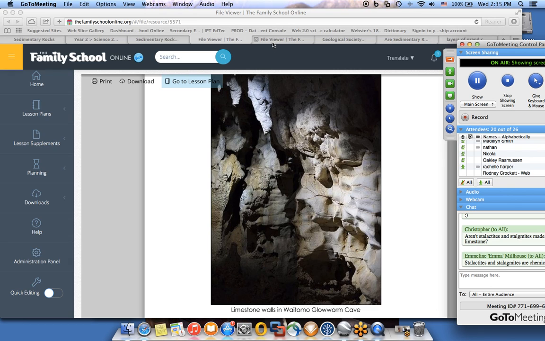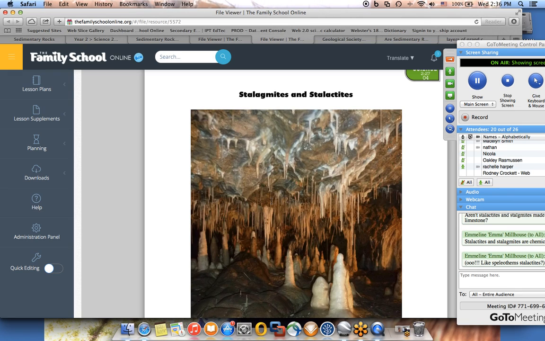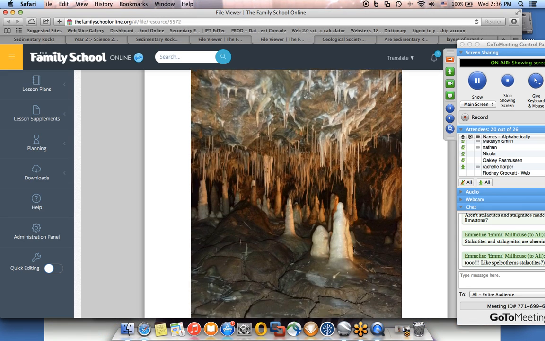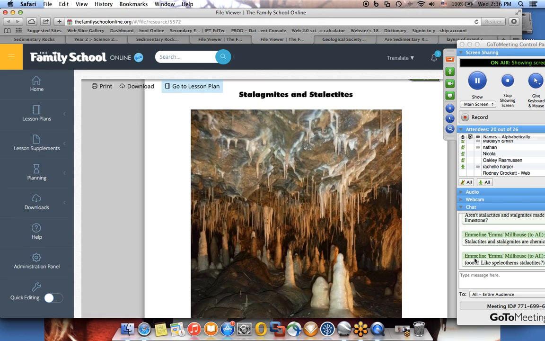Many times when they leach out of the roof, they form the stalactites, the ones going from the top, and then they drip down and form the stalagmites, forming upward. So all these very fragile formations are formed by limestone deposits that are leached and moved together over time in caves. That is very interesting. So Emma says, like speleothems, stalactites.